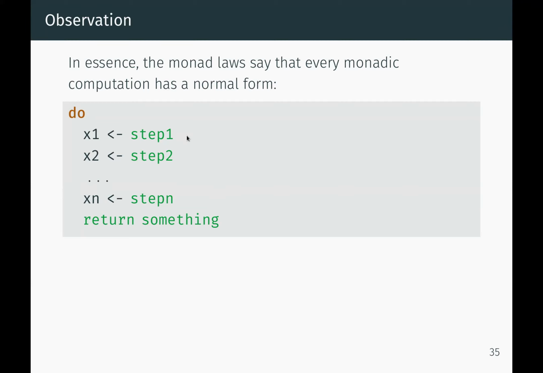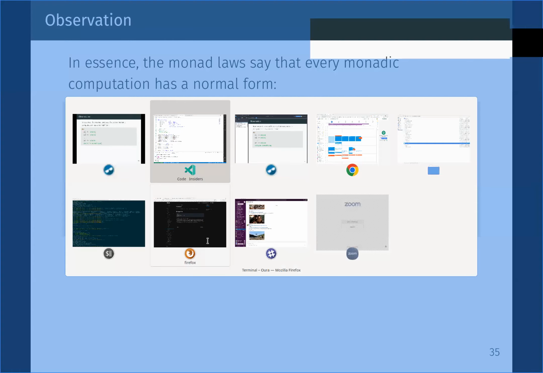So basically it's one monadic step and then a computation that can use the result of this first step to get to a final result. So it's always a monadic step and a continuation that, given the result, gives me the final answer. Now this is, I think, maybe the biggest leap.